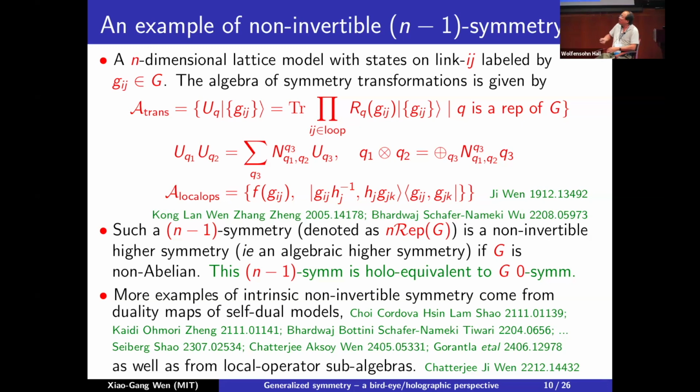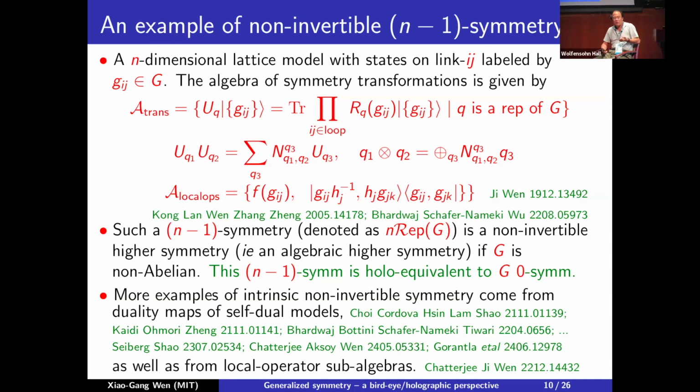But actually, in n-dimensional space, this non-invertible symmetry, because it is defined by a line operator, is actually an (n-1)-form symmetry. And again, for people who are familiar with gauging, this kind of model is a gauging of an ordinary model where the degrees of freedom live on the sites, and you have a G symmetry.